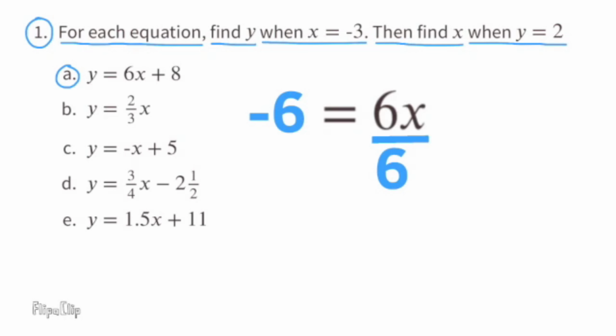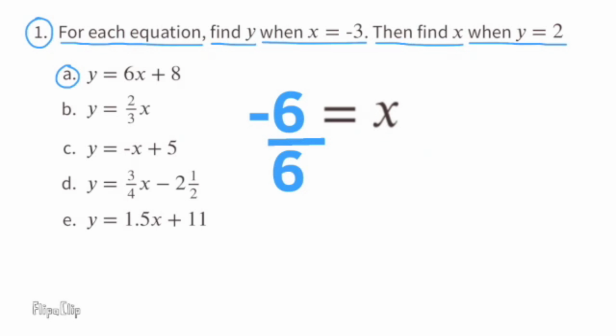I need to divide both sides by 6. 6 divided by 6 is 1, and 1 times x is x, and negative 6 divided by 6 is negative 1. Negative 1 equals x, or x equals negative 1. So x equals negative 1 when y equals 2.